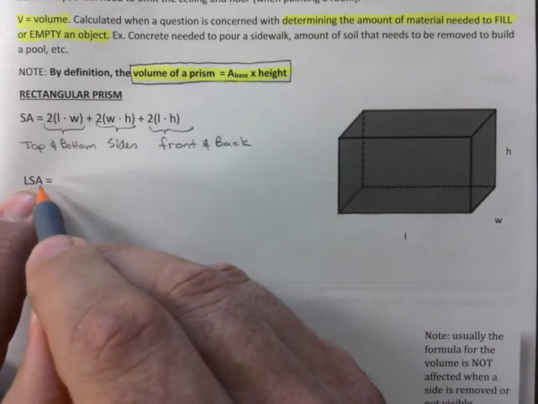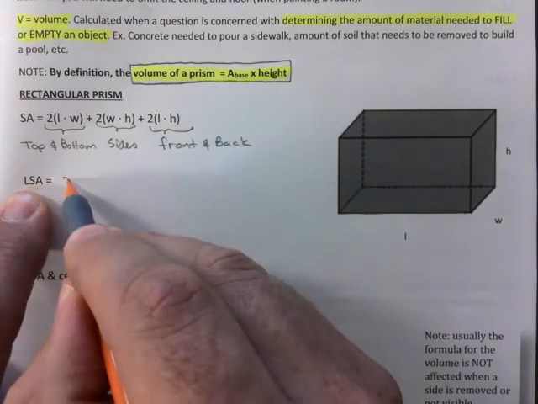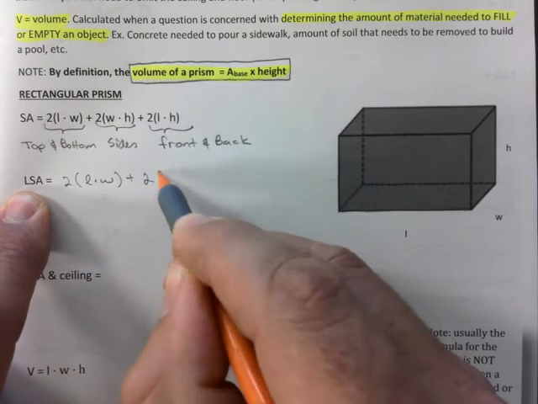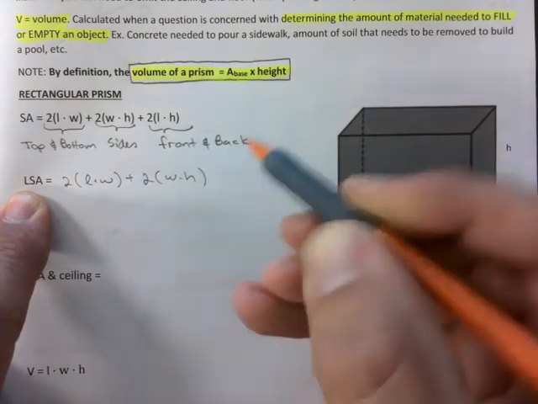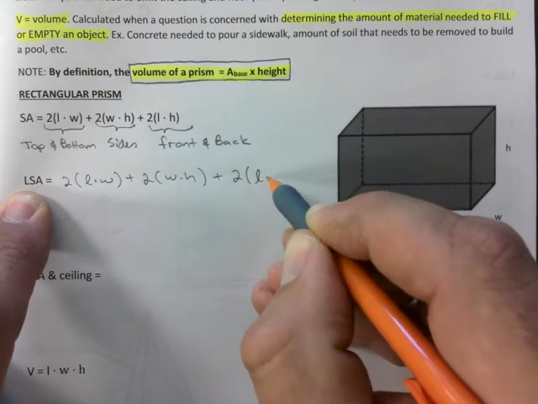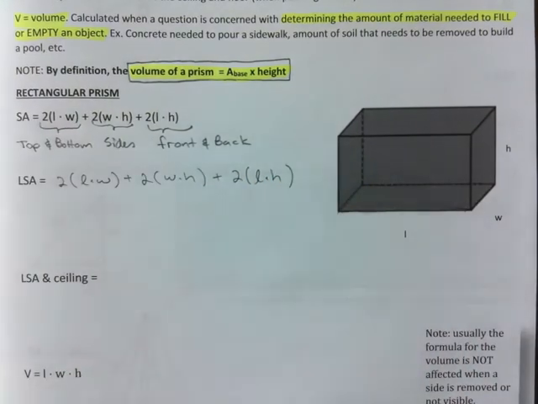Lateral surface area, therefore, let's do this: 2 times length times width plus 2 times width times height plus 2 times length times height. I want to write the whole thing down. If you want the lateral surface area, which of these expressions will go? Which ones will we scratch? Top and bottom, which is length and width.